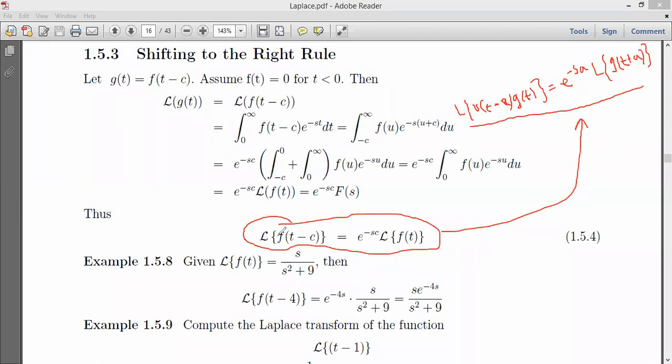So here we have f(t minus c), which is e to the minus sc, where c will pick up the value here, and then L of f(t). The difference here is that we have a certain g(t) which would be equivalent to 1. If you have a g(t) equal to 1, you look for g(t plus 1), which is being substituted into g(t) equal to 1, which basically becomes nothing.